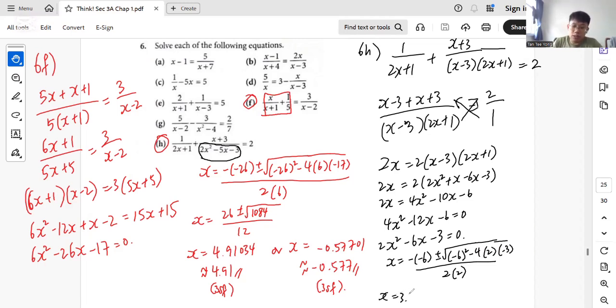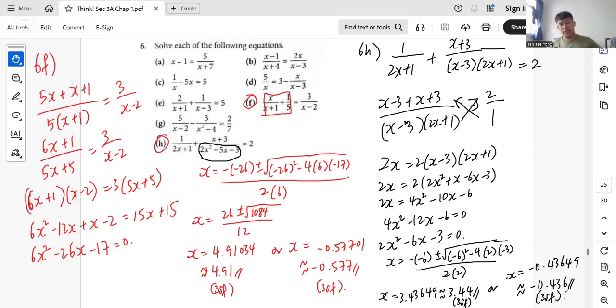So x equals 3.43649, which is 3.44 to 3SF, or x equals negative 0.43649. Rounded to 3SF, negative 0.436. So this is it for question 6F and 6H.